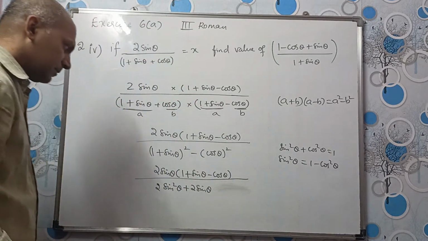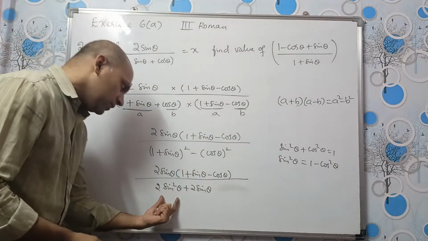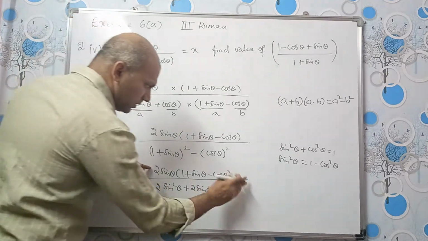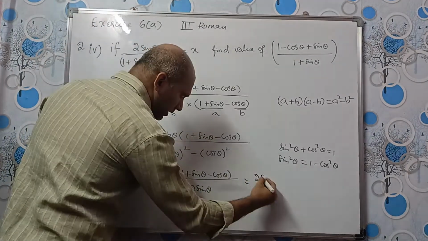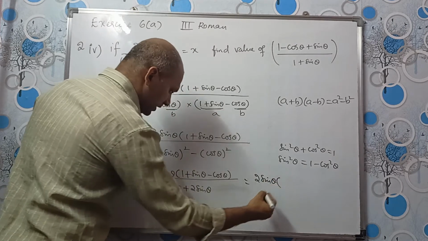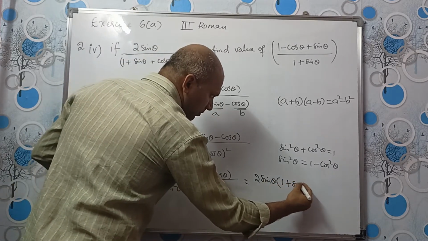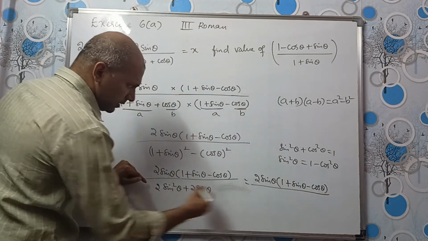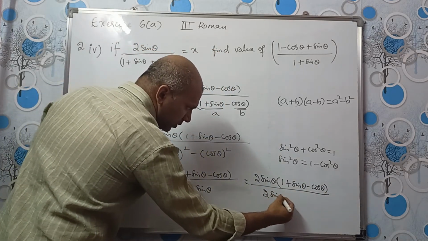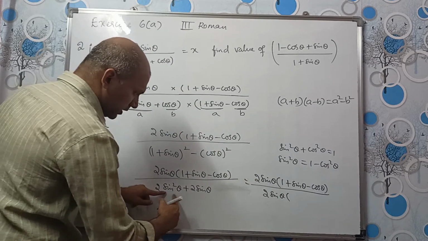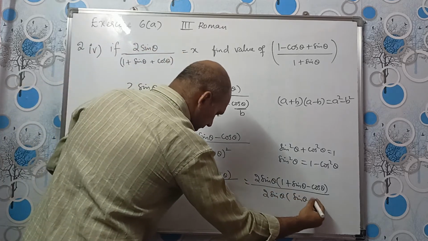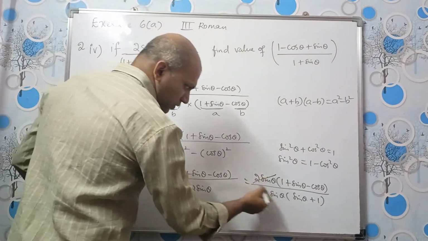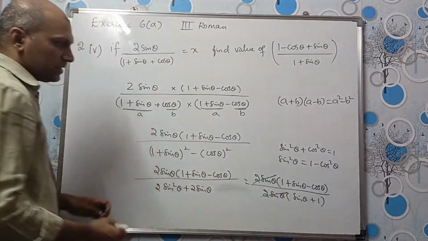Alright. Now, can we take 2 sine theta common from the denominator? Yes. So what do we have now? It is 2 sine theta multiplied by 1 plus sine minus cos divided by, if you take 2 sine theta common, here sine theta will be left and 1 will be left, right? So 2 sine theta cancel.